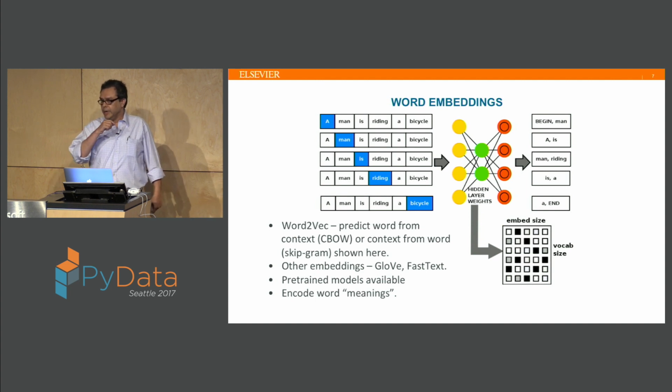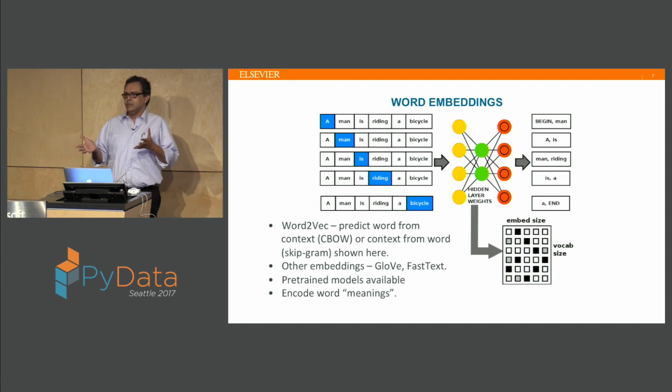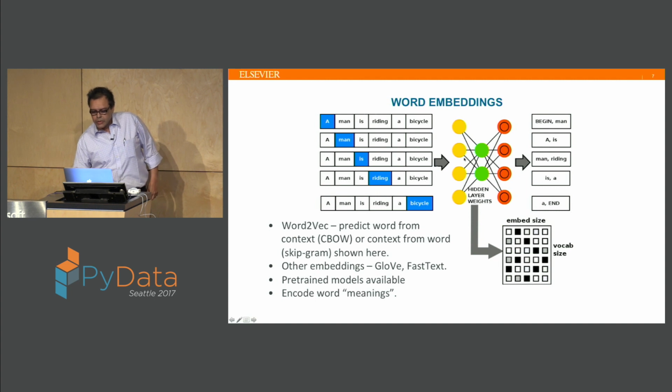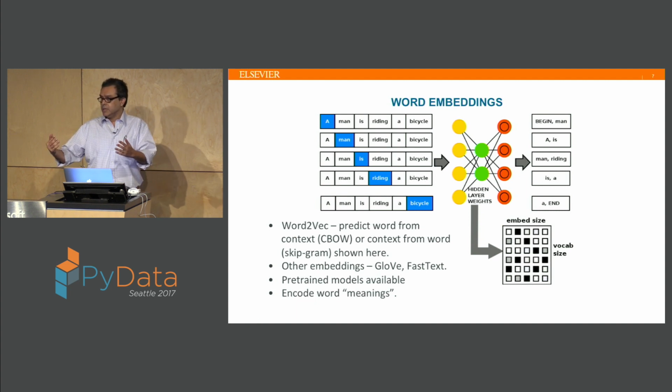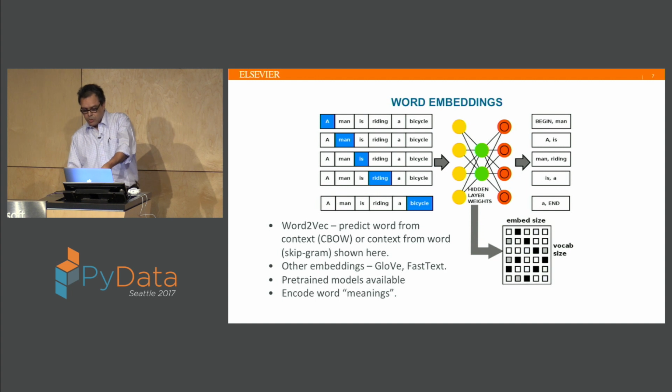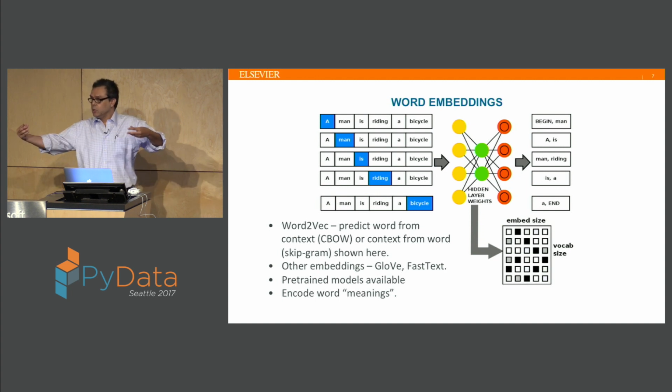You send in man, it should predict is. You send in man, it should predict A. Once you have something reasonably trained, you can extract the weights from here, and that's your embedding. So you have your vocabulary to embedding, where each row is a word from the vocabulary, and that row is the word embedding for that word.